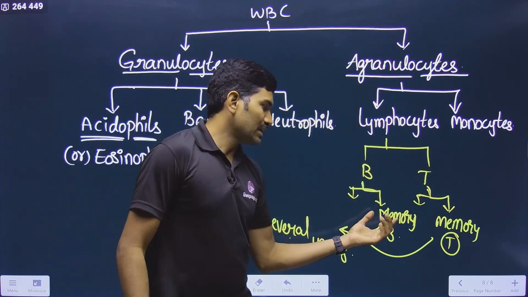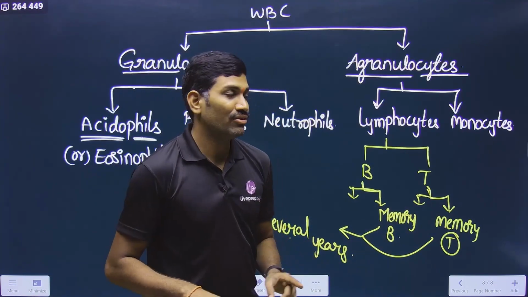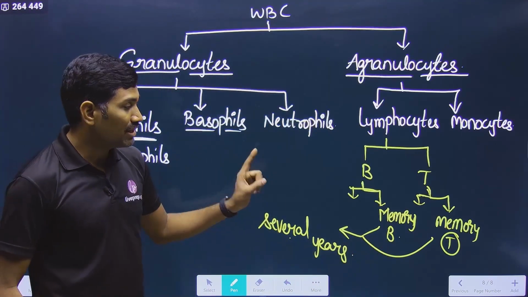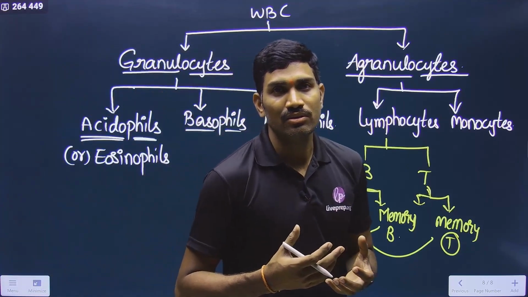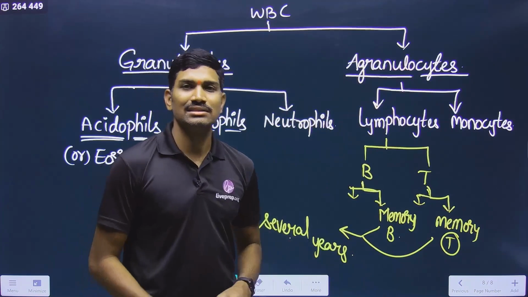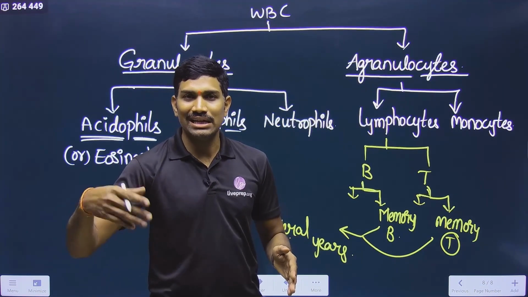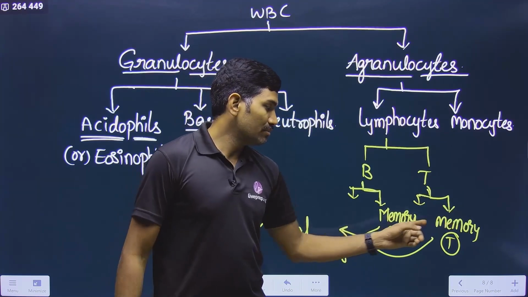So these memory B and memory T cells can survive for a longer duration, maybe up to several years. They are very important for immune function. They are protecting our body. Whenever a pathogen comes into our body, these cells will recognize it. Once they recognize it, they will divide into one immediately acting cell and one for future use. That future use is the memory cells.